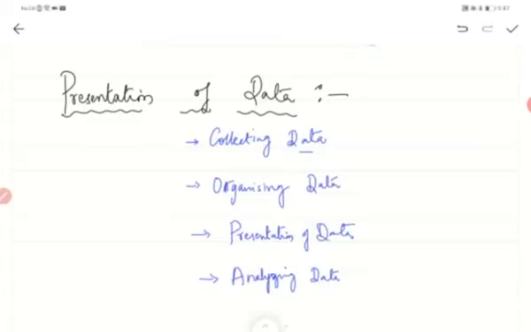For example, I am a class teacher of yours. So what kind of data do I need to collect for the whole class? I need to collect your names, and then every day I need to collect the attendance, number of students present.